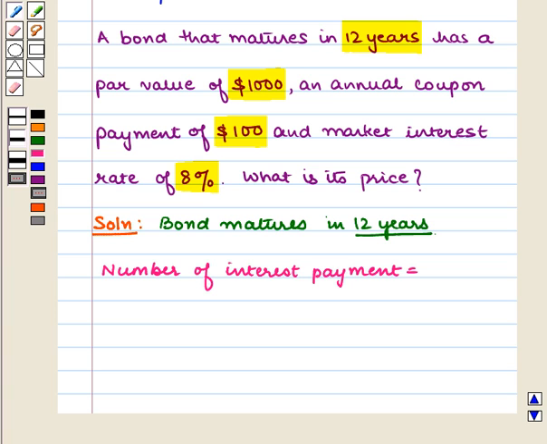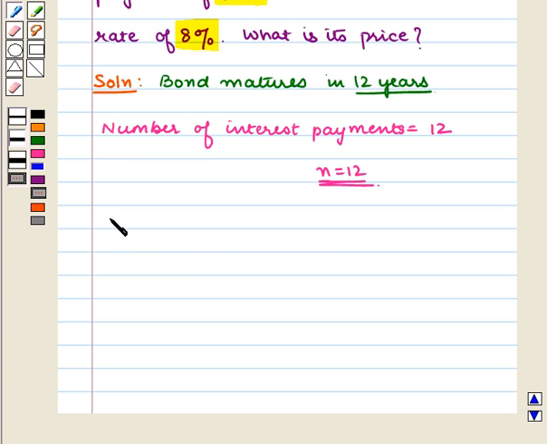Since there is an annual coupon payment, the number of interest payments is equal to 12. So N is equal to 12. Par value is equal to $1,000. This implies FV is equal to 1000.